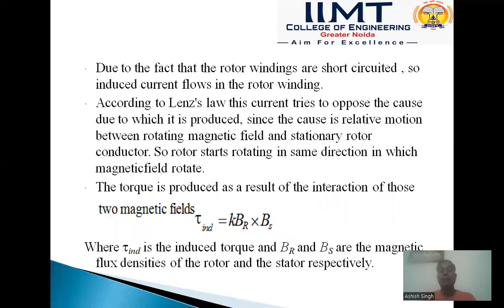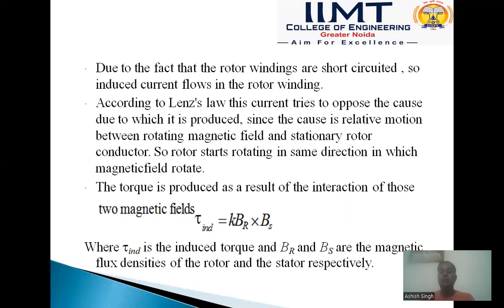Due to the fact that the rotor windings are short-circuited at both ends, the rotor conductor forms a closed circuit. Due to the closed circuit, an induced current flows in the rotor winding, and according to Lenz's law, this current tries to oppose the cause due to which it is produced.